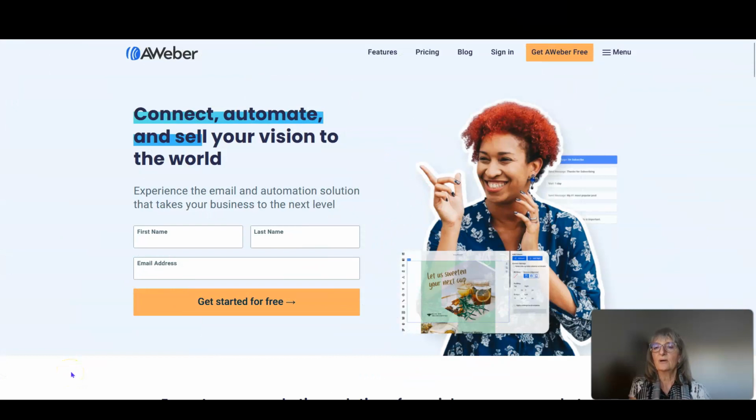Okay, so we are at Aweber, which is an email / customer connection solution. It's also called a CRM solution, but we're going to notice that they never use that term here, even though that's what they are.